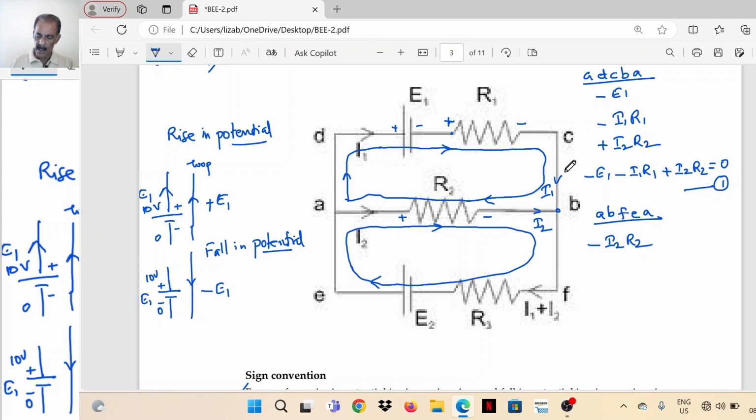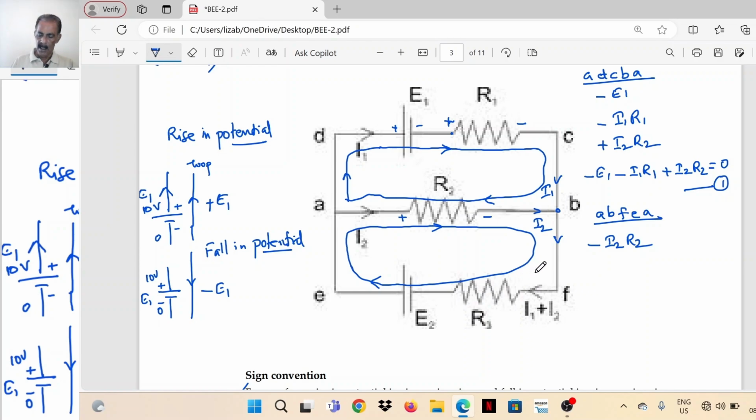From C, a current of I1 is coming to junction B. From A, a current of I2 is coming. So in this branch, it should be an outgoing current, which is equal to I1 plus I2.